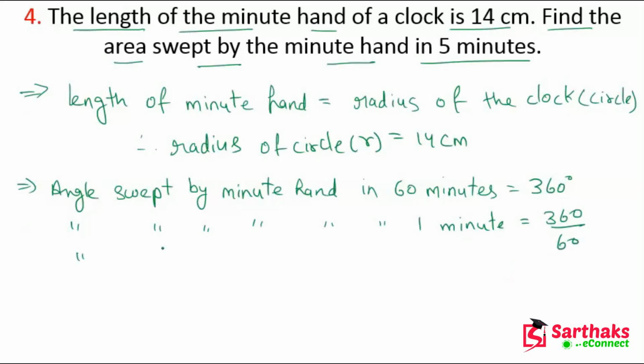Okay, similarly angle swept by minute hand in 5 minutes. This is 360 upon 60 into 5. So this will give the angle made by minute hand in 5 minutes, which is equals to, if we solve it, 30 degree.